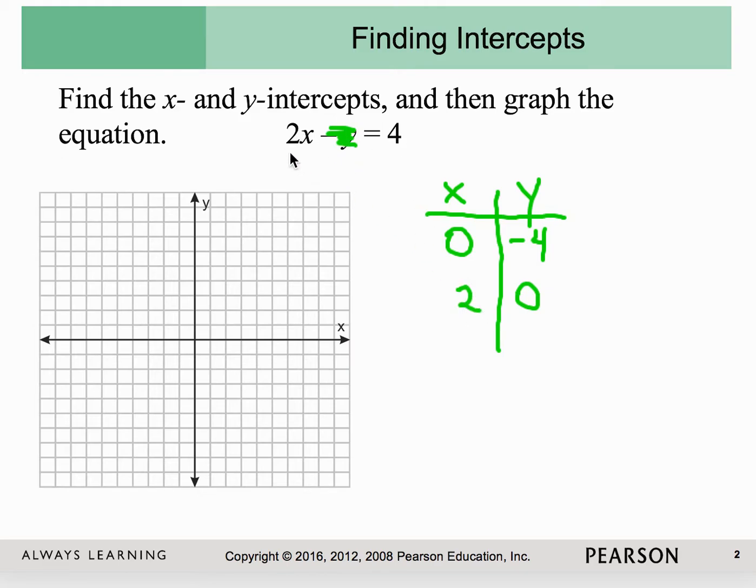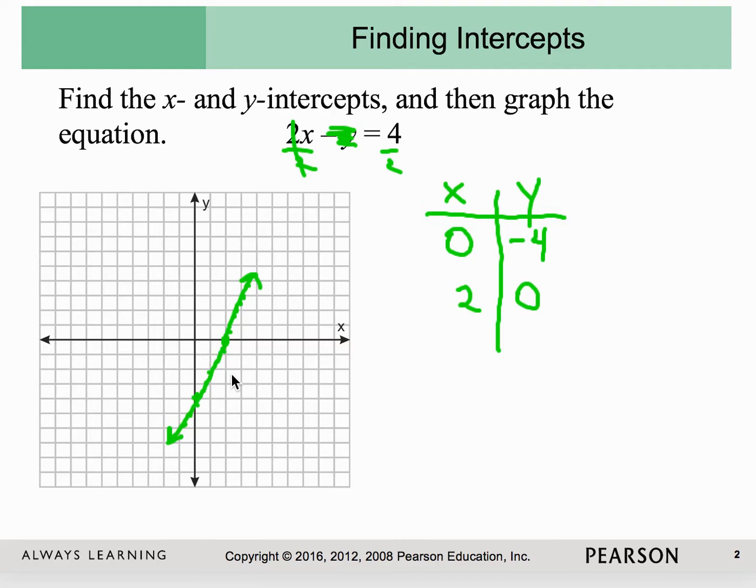That'd be 2. Or, once again, solving a simple equation, x is 2. And when we get 2 points, okay, so 0, negative 4, and 2, 0. Oh, well, then there's what the solution to this looks like. It means any point on here will satisfy that equation going forever, right?